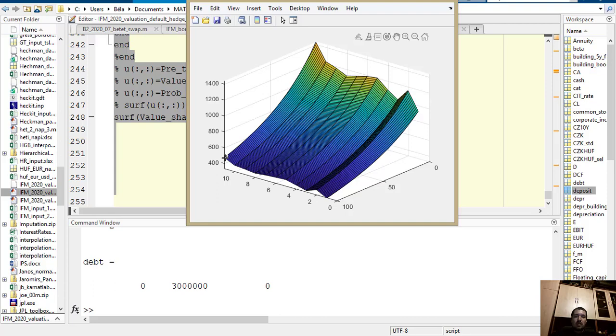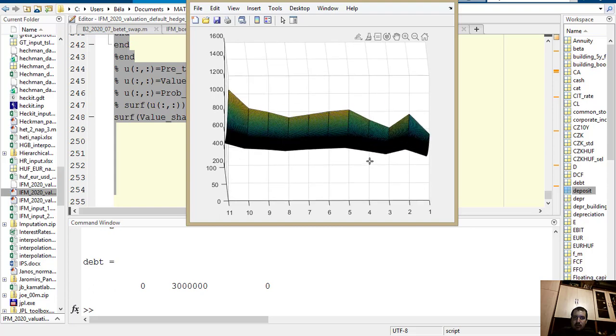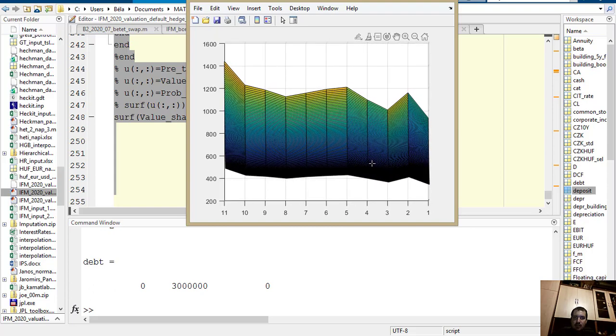Corporate value would go down to nearly, were we able to reach 0? No, we cannot.